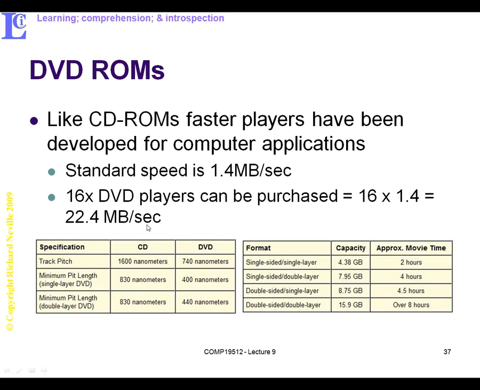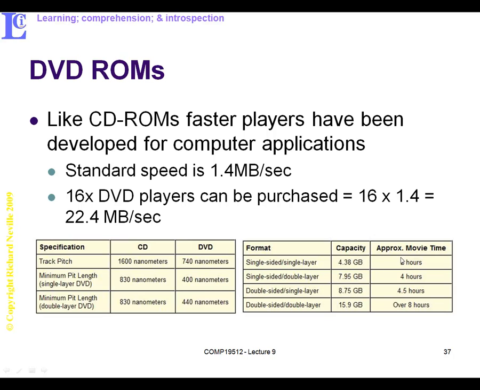So let's do some compare and contrast for the different capacities and wavelengths for CDs and DVDs. We'll see the dimensionality for the track pitch between each track is 1,600 nanometers, as opposed to 740 for a DVD. So you can see that DVDs have much closer together tracks.